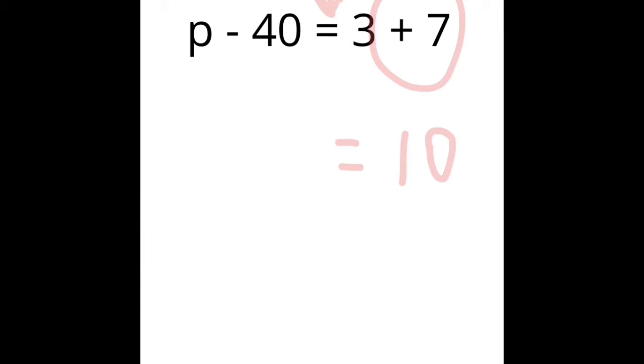So then I think to myself, what number, if I took away 40, would give me 10? There's only one right answer. In this case, the number has to be 50 because 50 minus 40 is 10. So in this case, p, or our variable, is equal to 50.